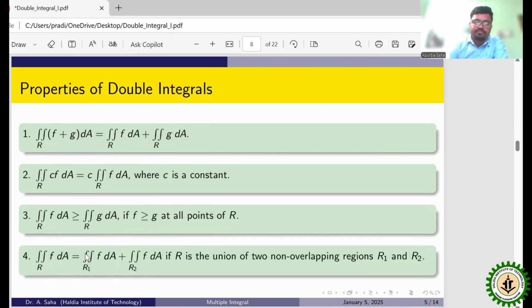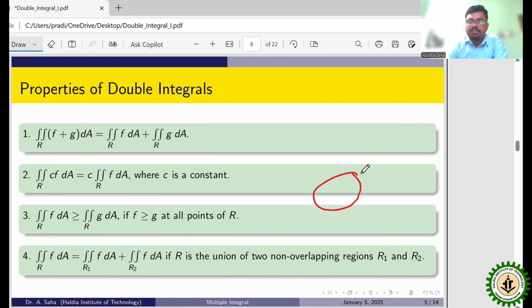And the next one, double integration of f dA over the region R equals double integration over R1 of f dA plus double integration over R2 of f dA, if R is the union of two non-overlapping regions R1 and R2. Suppose this is your region R and you have two non-overlapping regions, say R1 and R2, then this one holds.